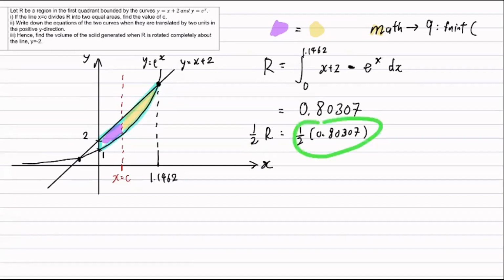Integrate 0 to C should be equal to integrate C to 1.1462. And then it's the exact same function, x plus 2 minus e power x, right?